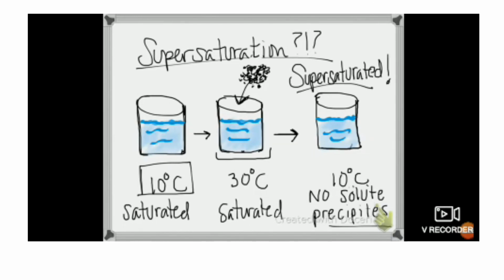So again, if I can take that saturated solution, raise it to a higher temperature, add more solute, make it saturated again, but with a higher amount of solute, and then cool it back to its original temperature without any solute precipitating out, we now, ta-da, have a supersaturated solution. If solute precipitates out when you cool the solution back down, it is not supersaturated. It's just a saturated solution with some chunks on the bottom.